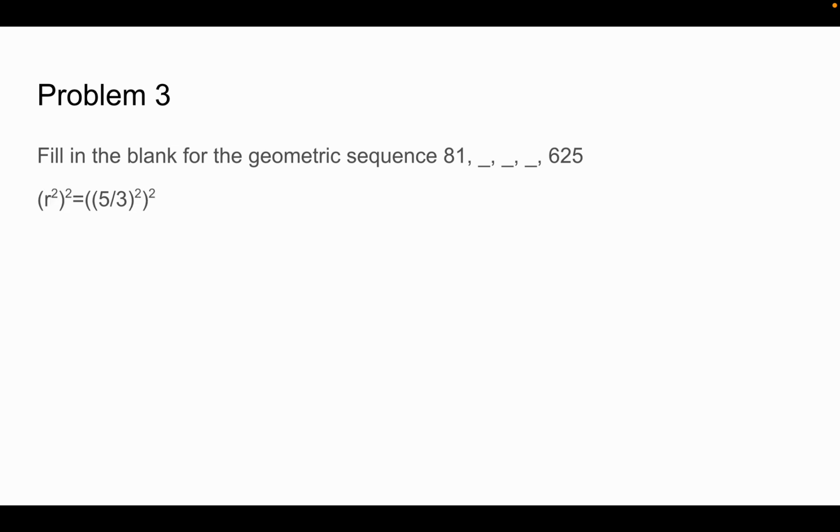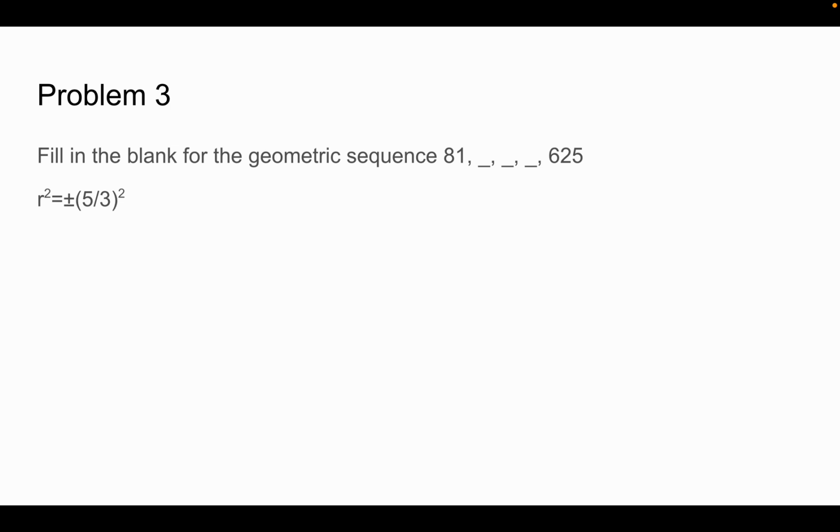So let's take this step by step and take square roots 2 times. We can say that this is the same thing as saying r squared is equal to 5 over 3 squared. Now we can take the square root, and when we do this, we can say plus minus on just this side, and the squares cancel out, and we have r squared equals plus minus 5 over 3.